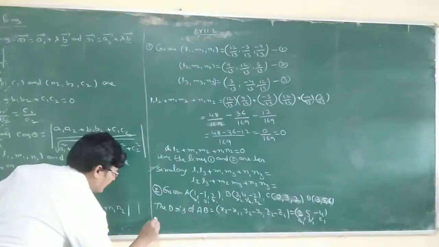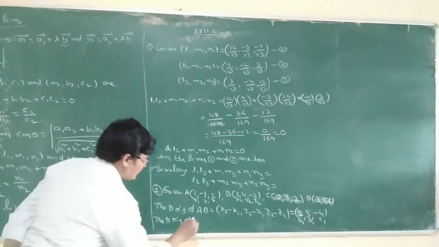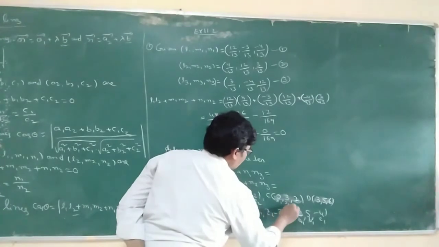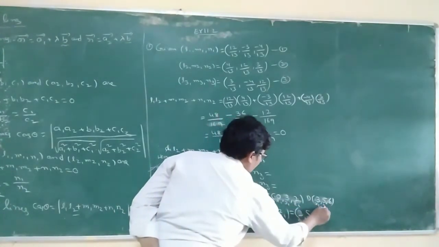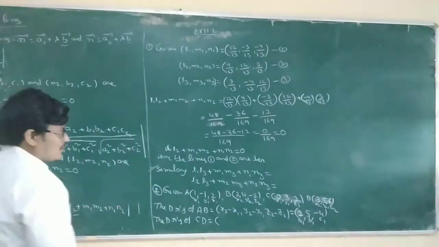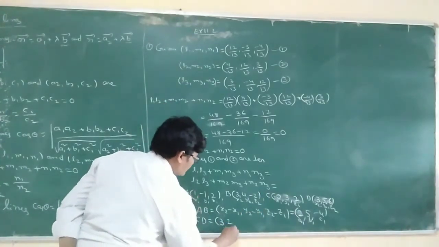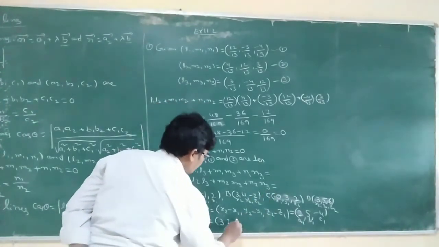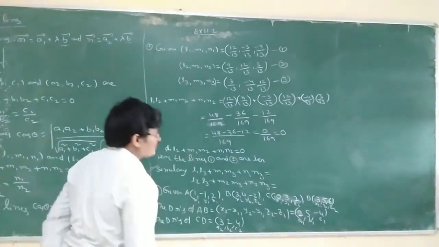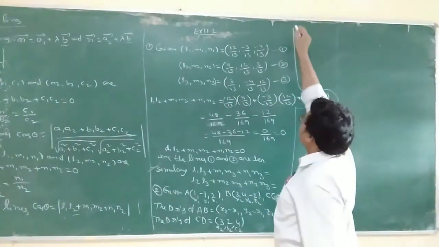Next, the direction ratios of CD, same formula, x2 minus x1: 3 minus 0 is 3, y2 minus y1, 5 minus 3 is equal to 2, z2 minus z1, 6 minus 2 is equal to 4. This is A2, B2, C2. Clear?